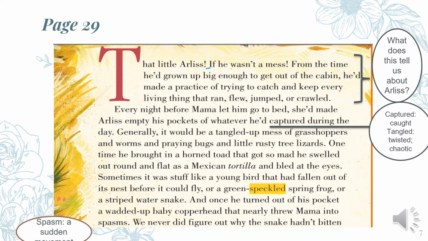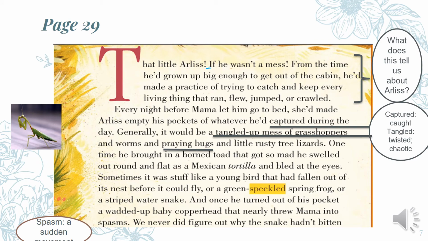You know the grasshoppers, these insects that jump, and worms, and praying bugs. Also, this word tangled means twisted and chaotic. And praying bug, you can see the picture. It's a mantis. And little rusty tree lizards. So he gets everything out of his pocket: grasshoppers, praying bugs, lizards, worms.